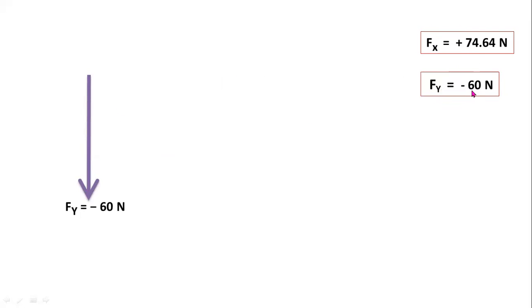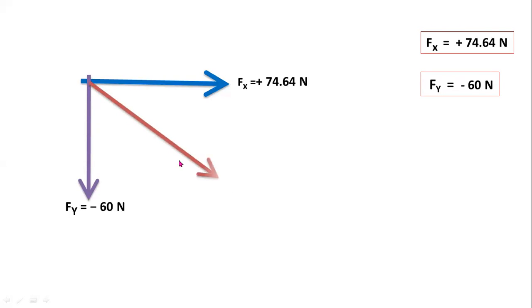Fy equal to minus 60. Fx is positive, so you consider right side direction, positive x-axis. So the resultant lies in fourth quadrant.